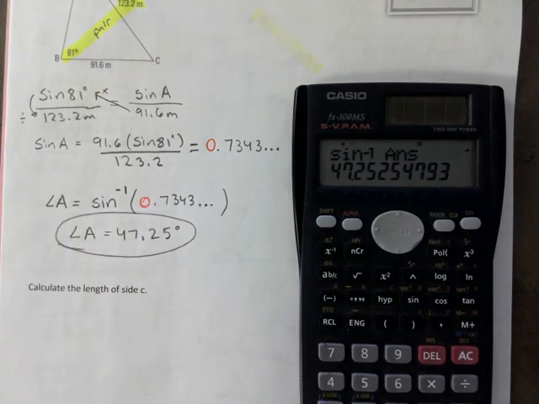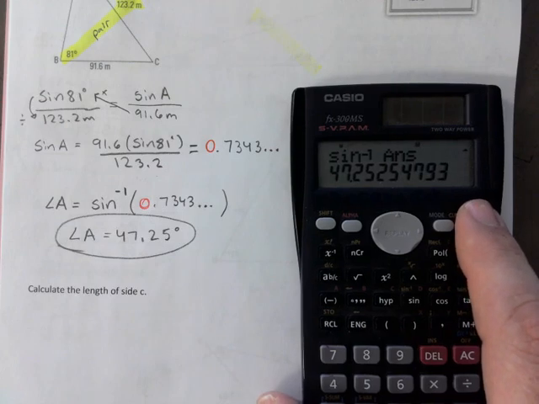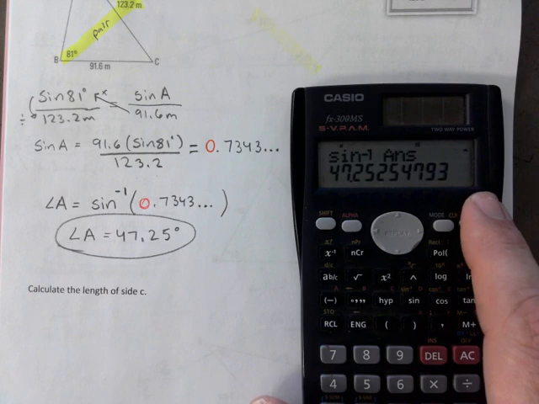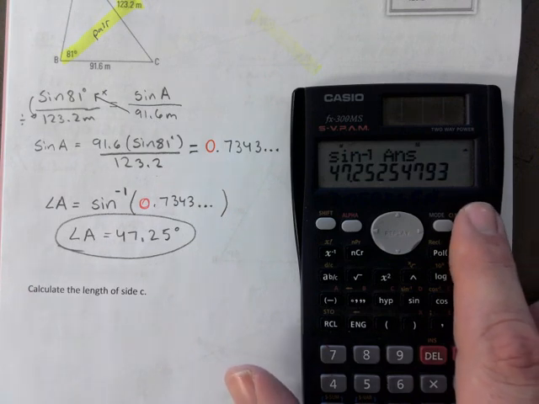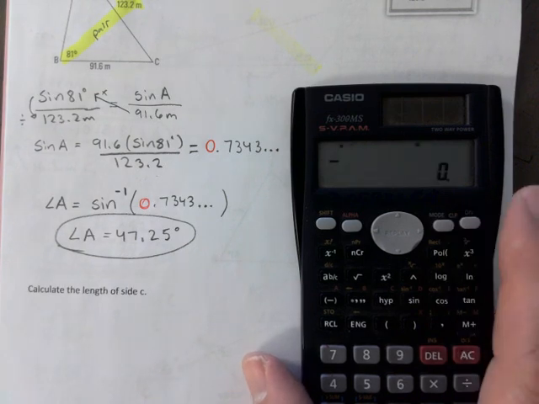If you are not able to get this, let me know. I'll come and help you. It might be your calculator that's a little different. Some of you, I'll just come and see you because I can't cover all calculators right now. Some of you might have to do it in a different order. We'll figure it out. Just let me know.